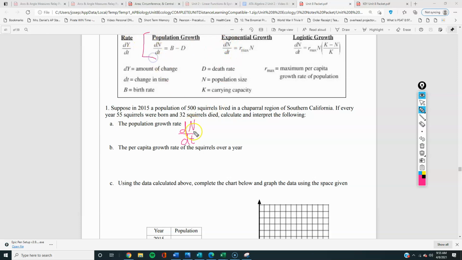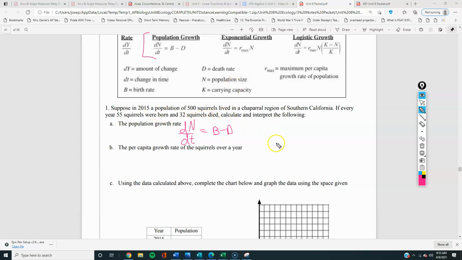Population growth right here. And actually, if you take calculus, this is going to look really familiar. This is actually the derivative of N in terms of t. If you go onward in your math career and you take differential equations, you'll find that a lot of times you're finding the population growth rate, because all these are calculus problems. Luckily for us, the rate is our slope, which is also just B minus D, births minus deaths.